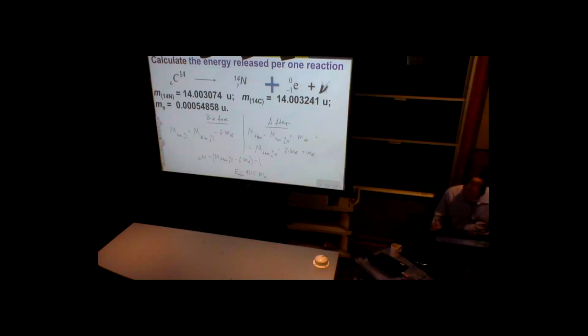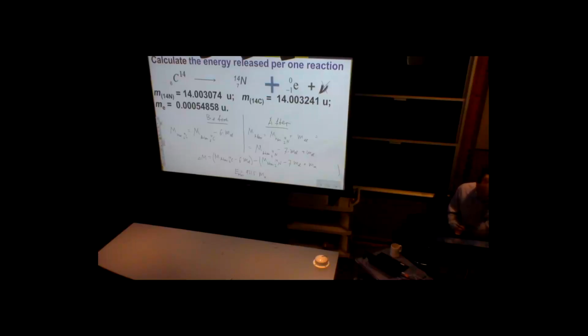Now we've got to subtract the total mass after the reaction had happened. So we just have to copy the whole thing. Atomic mass, minus 7 electron masses, but plus back 1 electron mass.